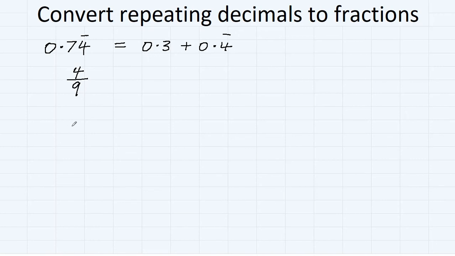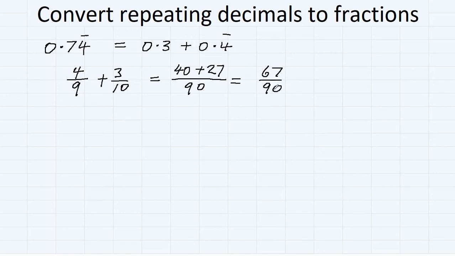The 0.3 is 3/10, and we need to add that to the 4/9. This all converts into 90ths, so this is 40 90ths plus 27 90ths. So that's a grand total of 67 90ths.